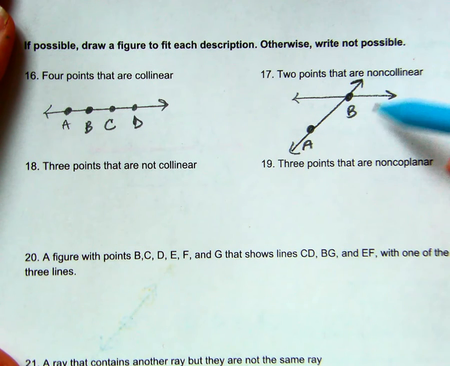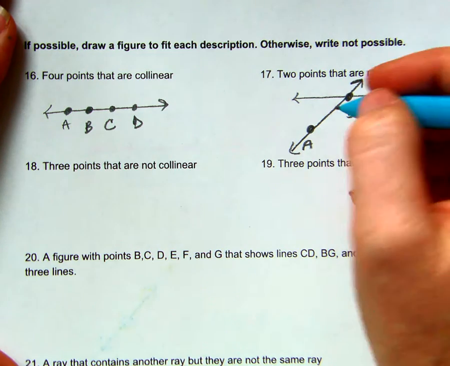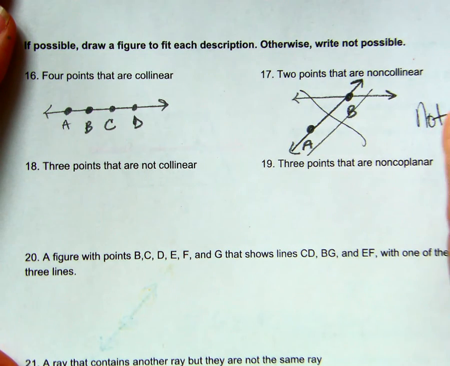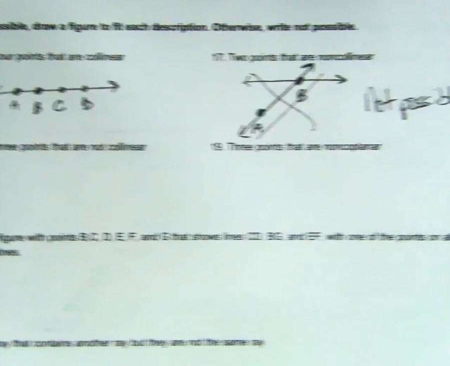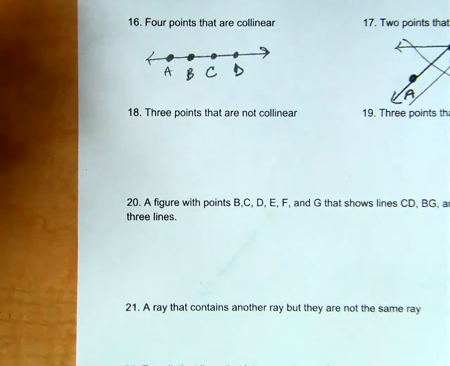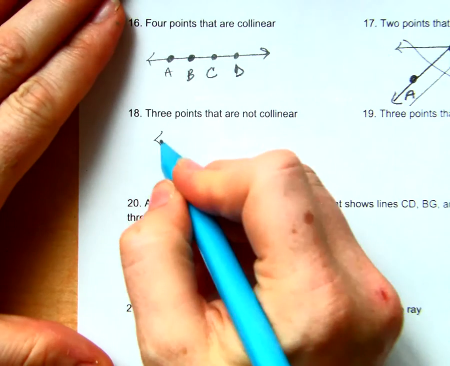This is actually a postulate that says if you've got 2 points, there is exactly one line that has to go through them. So this one actually is not possible, because I can take any 2 points that you draw and I can draw a line between them. So they have to be collinear. This one is not possible. Number 18, 3 points that are non-collinear. Again, you're going to be tempted to say, oh, I can do that.